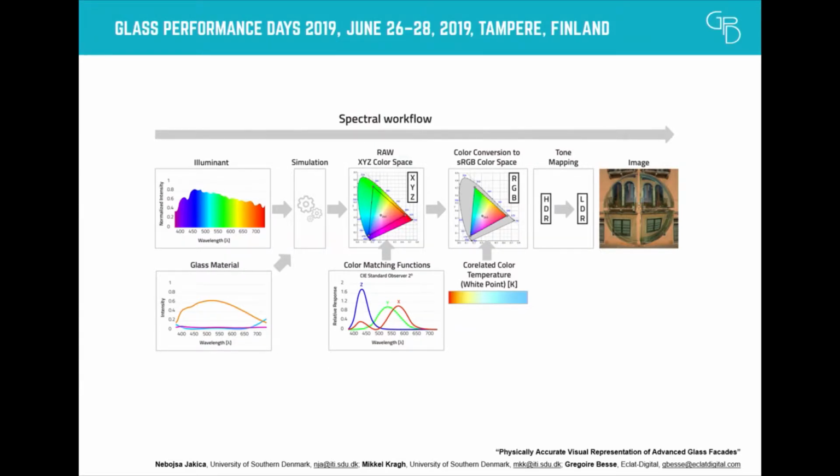And what comes as a result of simulation is a raw file containing the values in an x, y, z color space that is converted to sRGB, so the colors are clipped to fit the triangle of RGB that can be represented on displays via color matching functions.